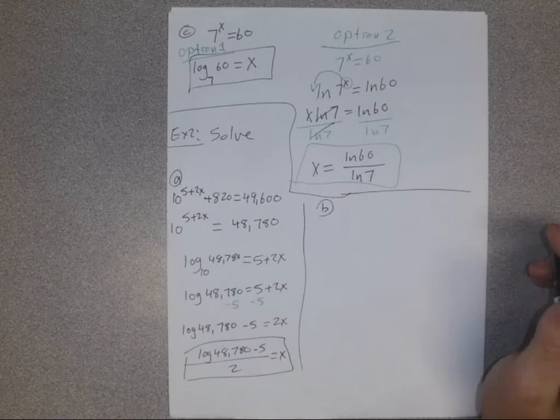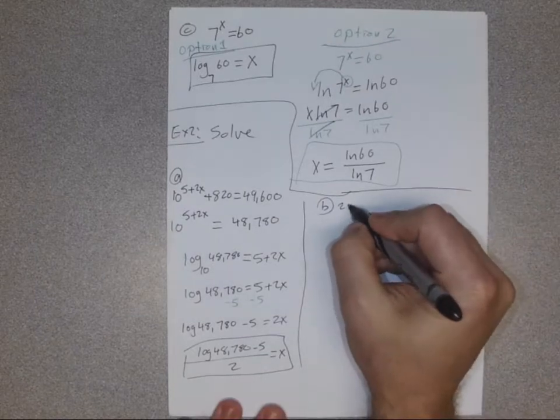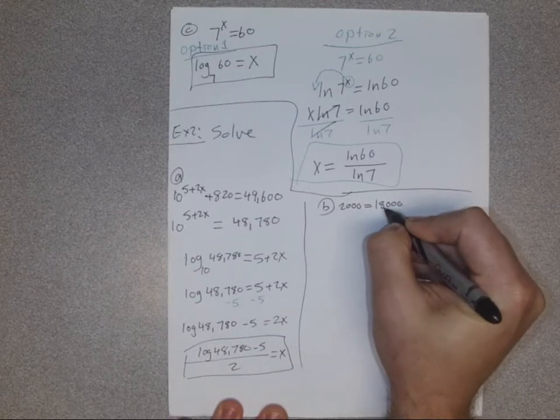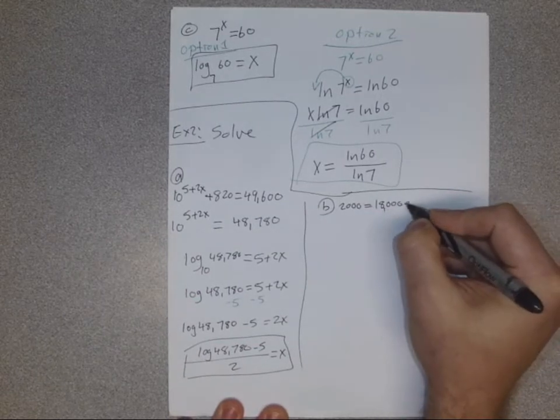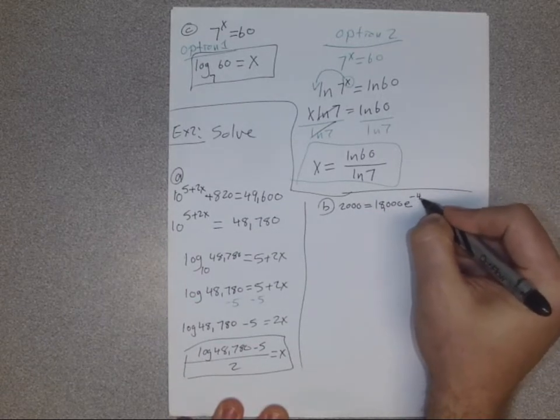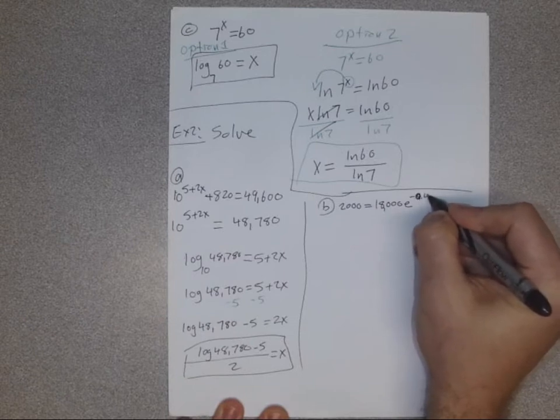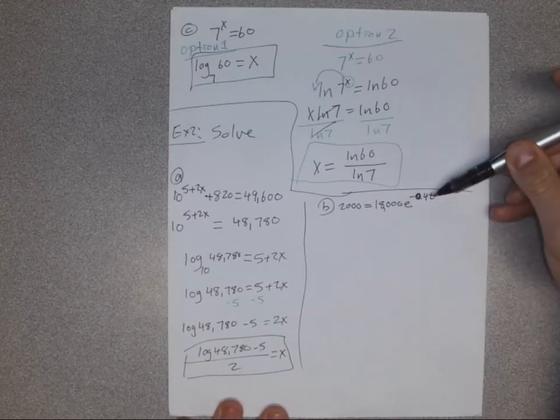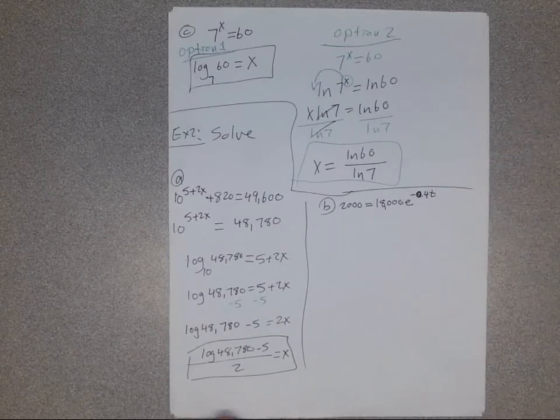Okay, new problem actually. Here we go. 2,000 is equal to 18,000 e raised to the negative 0.4t. That is negative 0.4t. All right, so question.